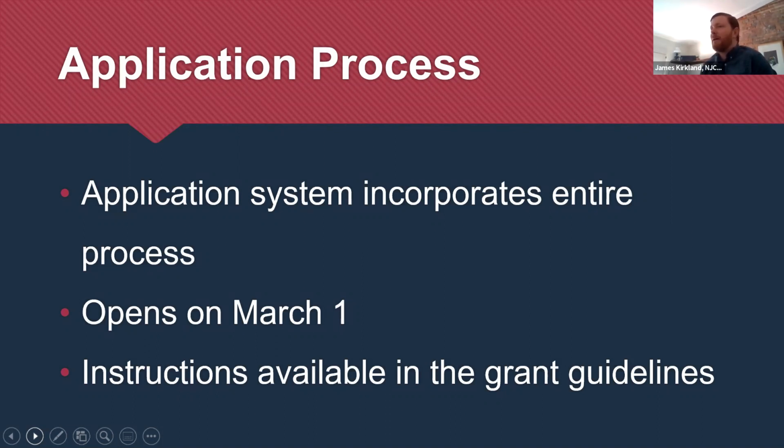It's fairly intuitive. If you're new, or if you haven't applied for any funding opportunities since September 2020, you will need to create an account. There are instructions on our website about how to create an account.